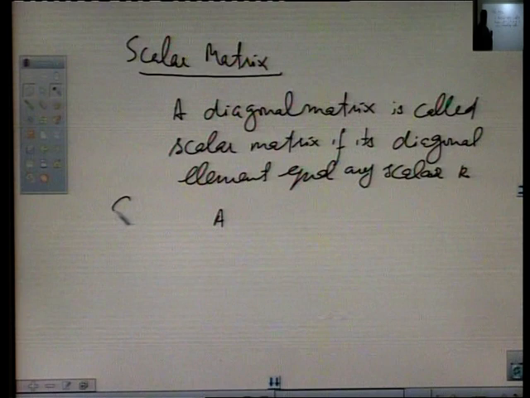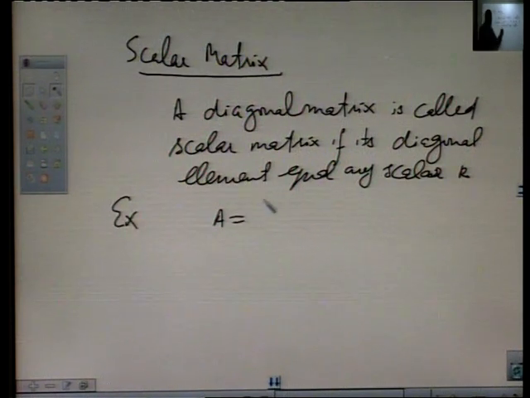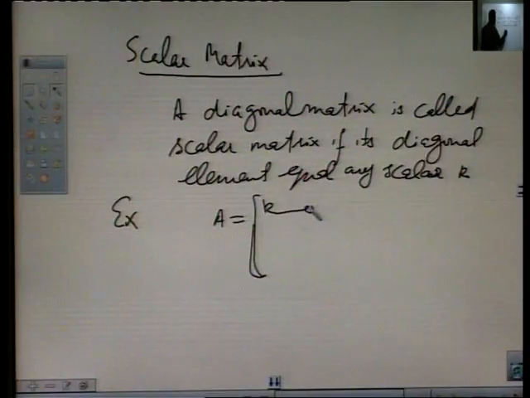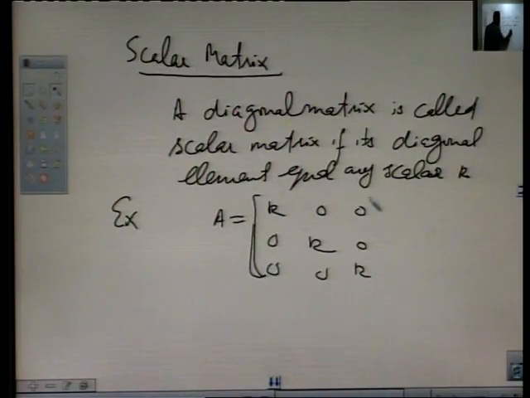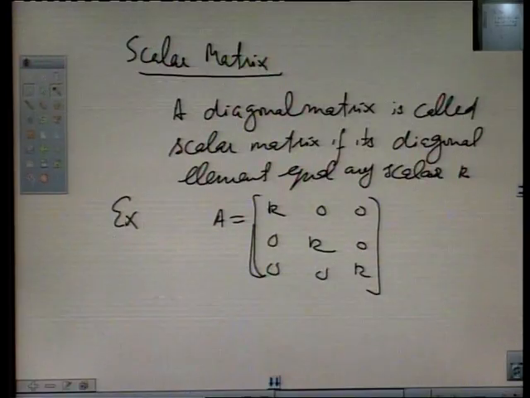For example, A equal to K 0 0, 0 K 0, 0 0 K. This is a scalar matrix.